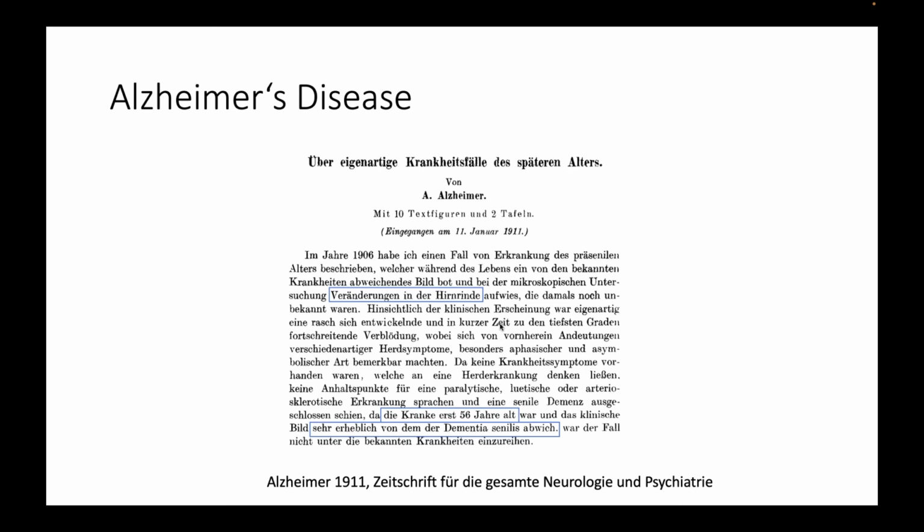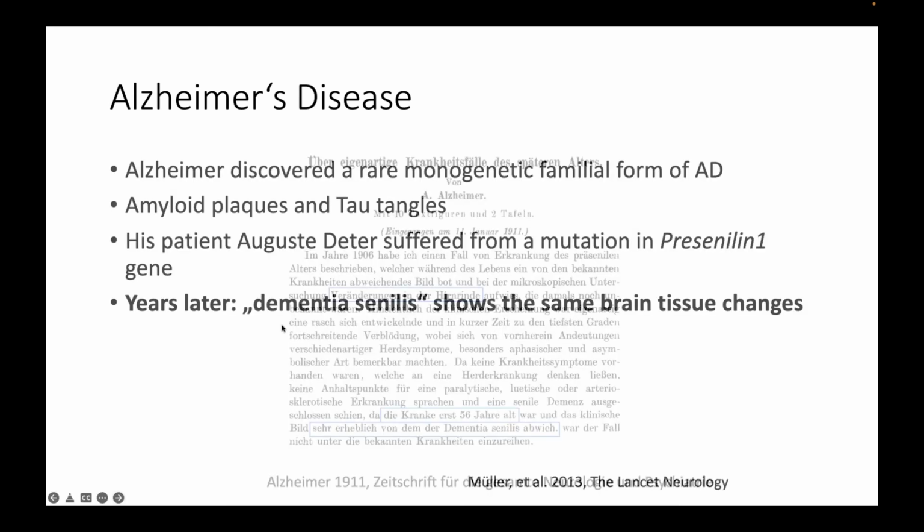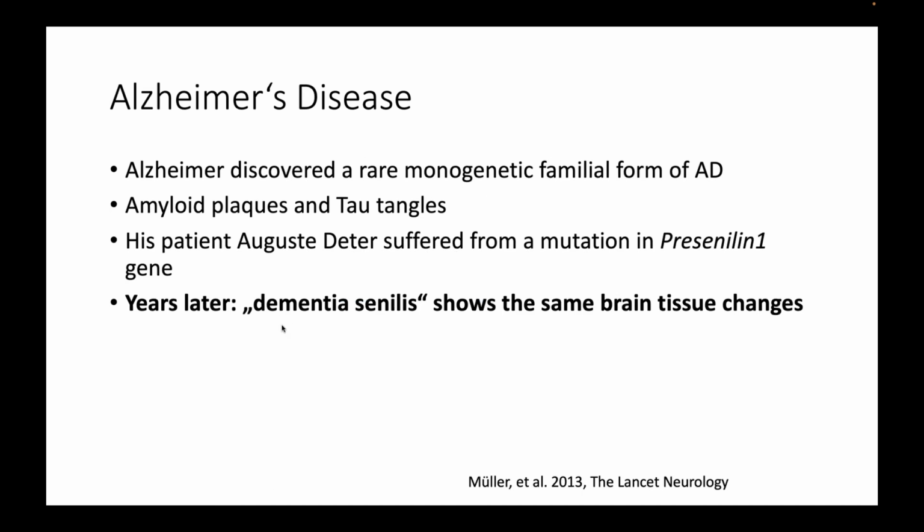And therefore, he kept track of the case. And unfortunately, some years later, the patient died, and he then analyzed the brain. And in this brain, he found pathological findings that are still parts of the diagnosis of Alzheimer's disease, which are the senile plaques and the neuritic tangles.